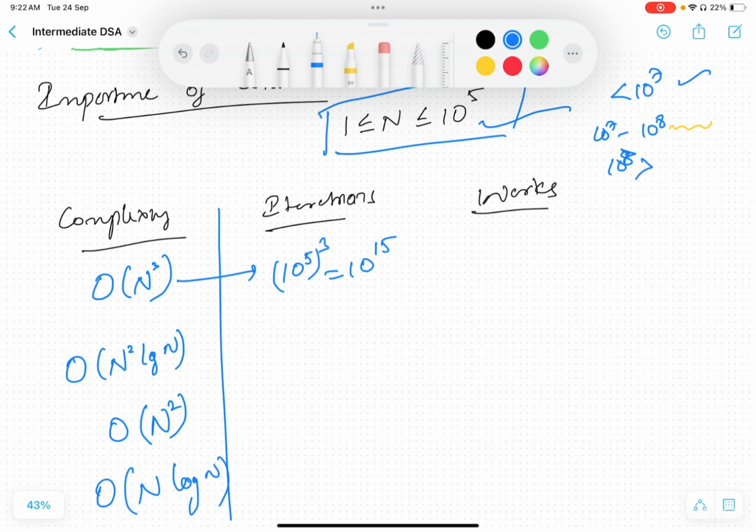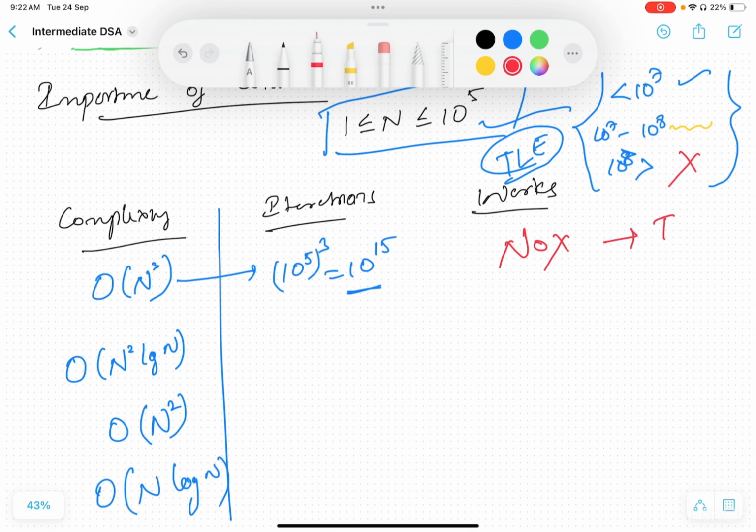Anything above 10 power 8 you shouldn't prefer. So all this we discussed last time; you can watch the time limit exceeded video. So if your iterations are 10 power 15, does it work? No, it won't work. You will surely get time limit exceeded.